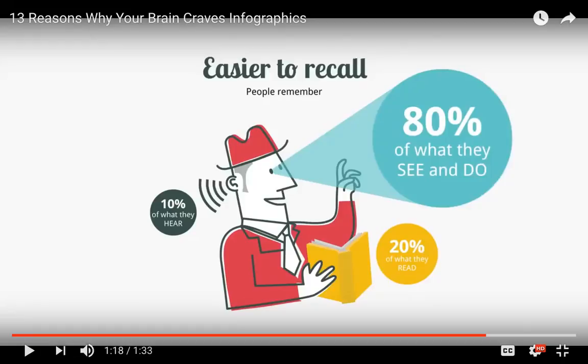But how is it using visual design to emphasize and make that easier to digest and easier to read? It's using shapes. Can you notice some other things that it's doing that really helps us understand this information better?